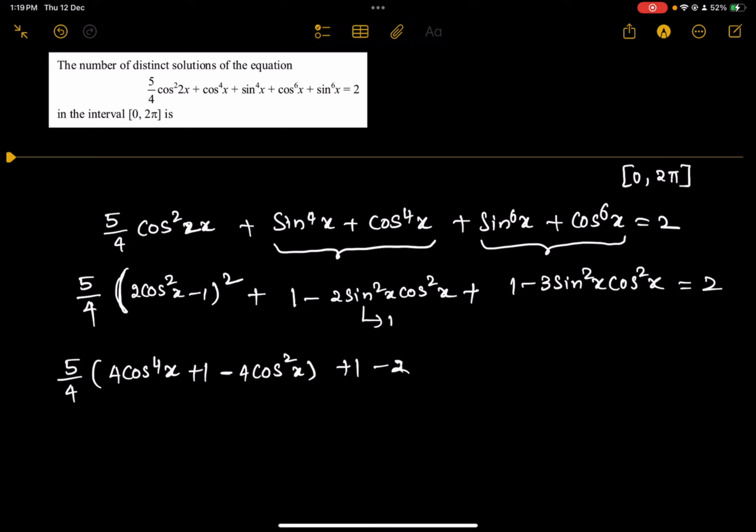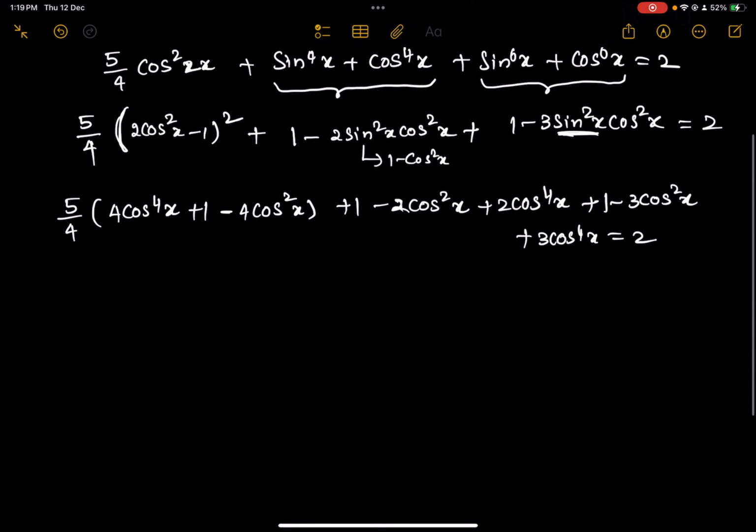Write that and simplify it. Then you'll get minus 2 cos square x plus 2 cos power 4x plus 1 minus, similarly here also substitute 1 minus cos square x for sin square x, 1 minus 3 cos square x plus 3 cos power 4x is equal to 2. This is what you get.